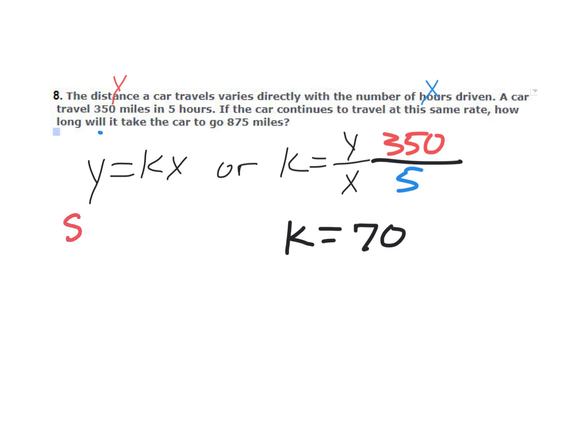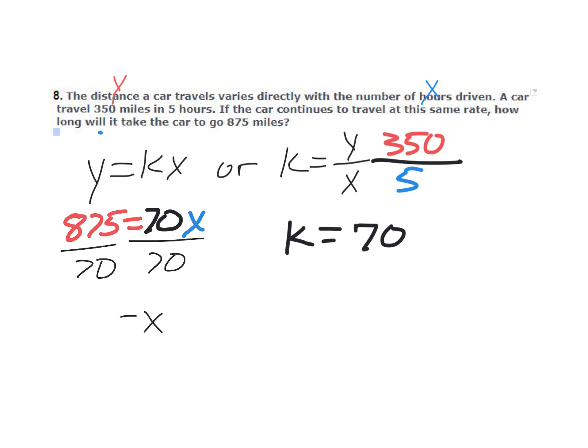So 875 is equal to, and then we replace k with our 70, and we're trying to figure out x. We solve this by dividing both sides by 70, and we realize that x equals 12 and a half.